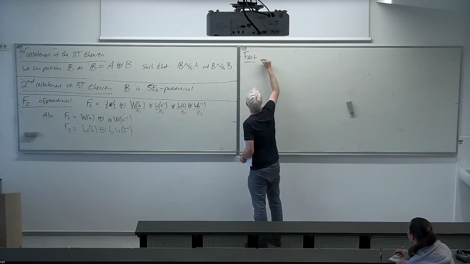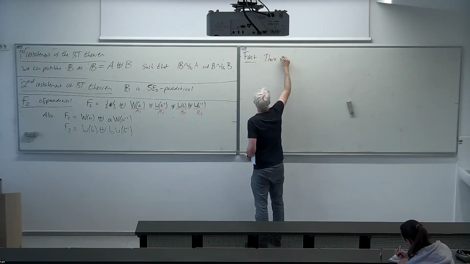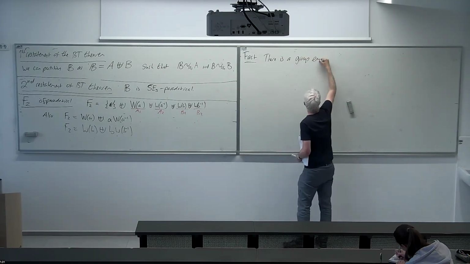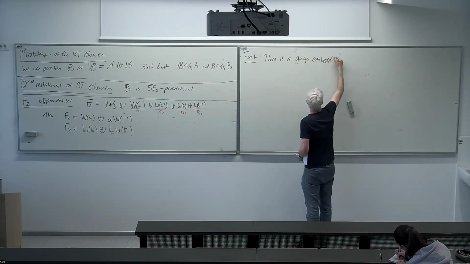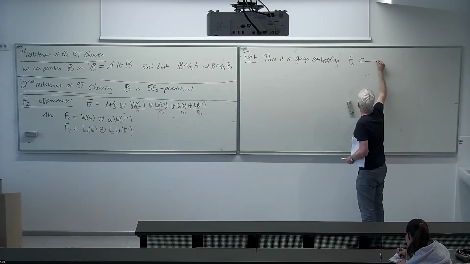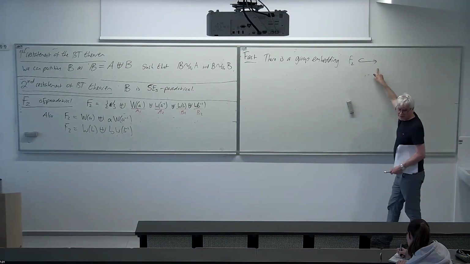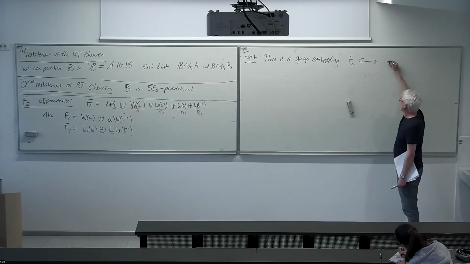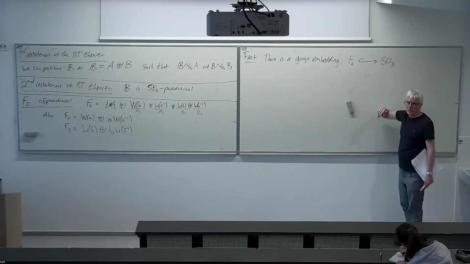This is not in the notes. There is a group embedding of F2. The hook means an embedding, and embedding just means an injective homomorphism into SO3.